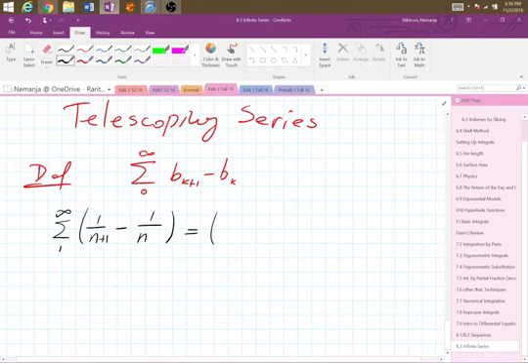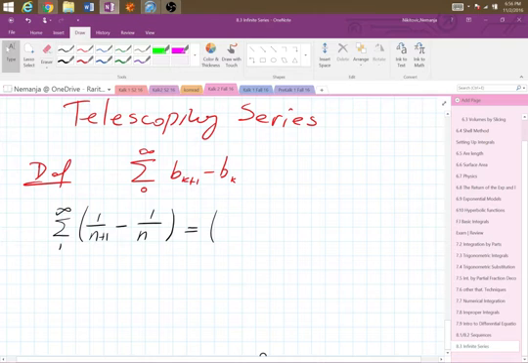So the first value that I'm plugging in is 1. So I have 1 over 2 minus 1 over 1. That is k equals 1. Next one is k equals 2. So what do I get for k equals 2?